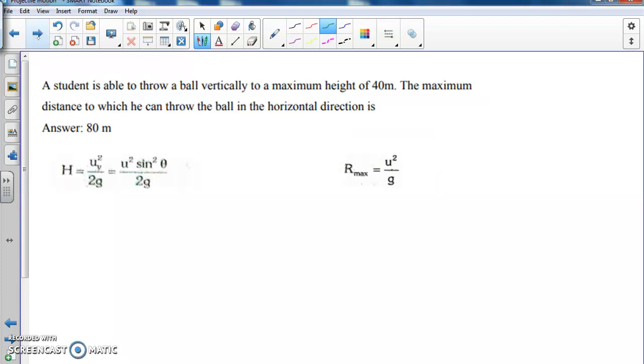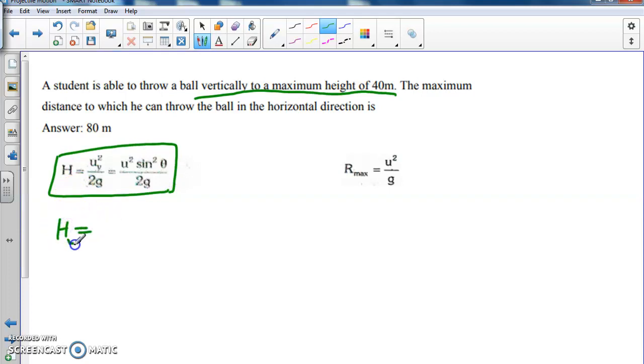In this question, a student is able to throw a ball vertically to a maximum height of 40 meters. Formula for maximum height is this one, and it will be maximum when theta is 90 degrees, that is h is maximum at, and its value is u square upon h, and r maximum is u square upon g.